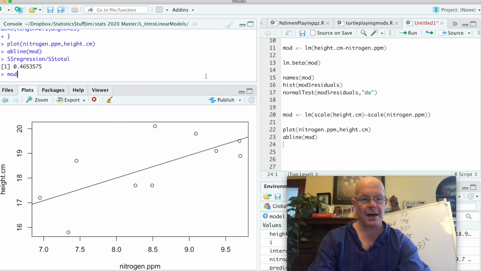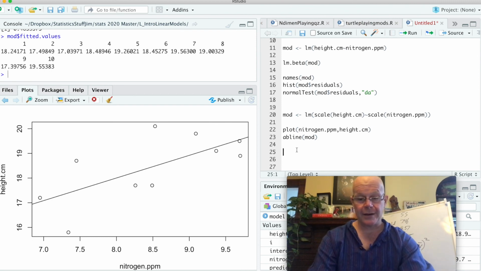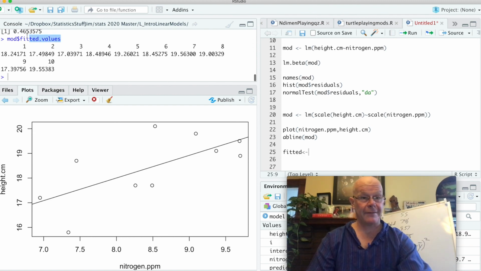So if I want mod$fitted, there's the fitted values. Those are the values that are actually on that little red line there. So let's call it fitted, and it's going to be the mod fitted values. Copy, paste. And then we have our observed values, which we already have, which I am calling height.